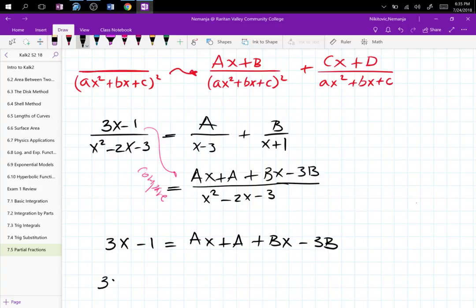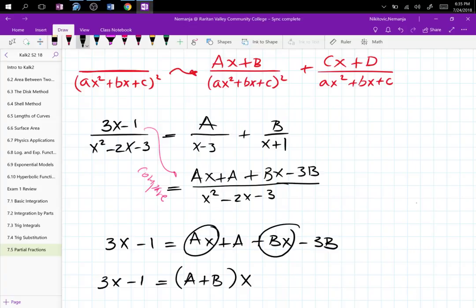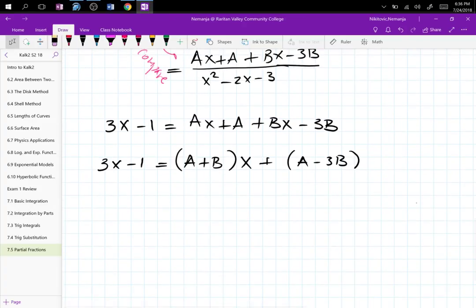So I have 3x minus 1 is equal to A plus B all times x, right? That's when I combine this with that. They both have x. You factor out x, you're left with A plus B. So you are putting all of your x's in a pile, and then plus A minus 3B. That goes in a pile as well. So now, color coding.